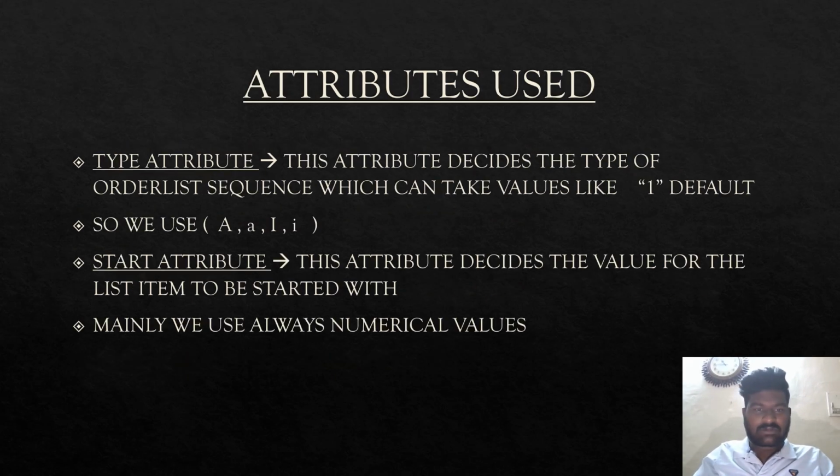Attributes used: the type attribute decides the type of order sequence, which can take values like 1 as default, numerical, small alphabetic, and capital and small letters.